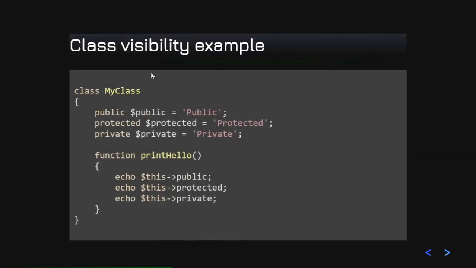Okay, some other example with class visibility. This is a public field. This is a protected field, which is accessible only in the code of this class. So this is a public field, which is accessible in the code of this class and outside the class.